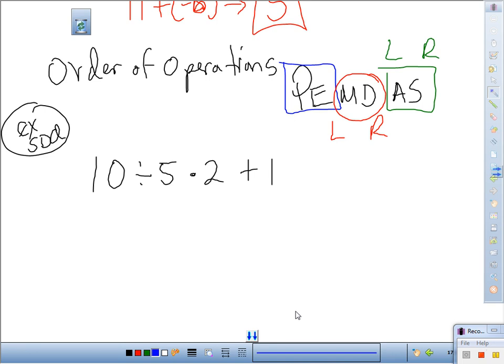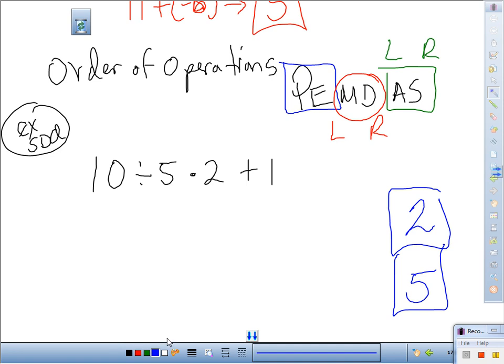All right, should be almost done. Now check this out. Possible answers. Some of you got 2, and some of you got 5. Let's find out which one's correct.